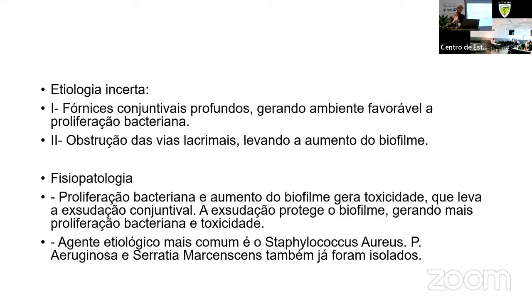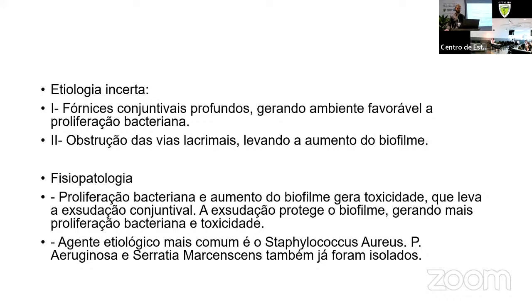The etiology of the disease is not quite sure, but they talk about deep conjunctival fornix creating a good environment for bacterial proliferation. And they also talk about the obstruction of the lacrimal ducts, generating larger biofilm. The physiopathology of the disease is that the bacterial proliferation leads to toxicity in the conjunctiva.